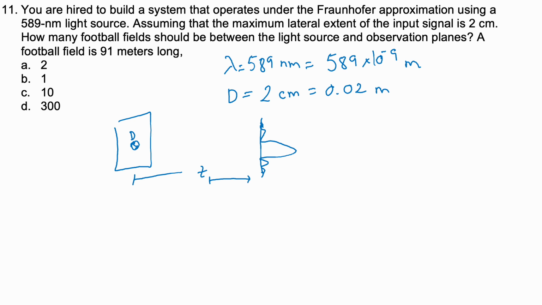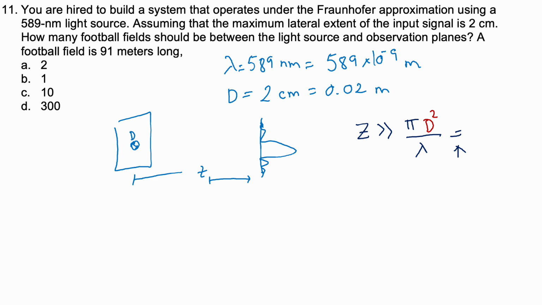So the Fraunhofer approximation tells us that the distance c needs to be much larger than pi and then d squared over lambda, right?